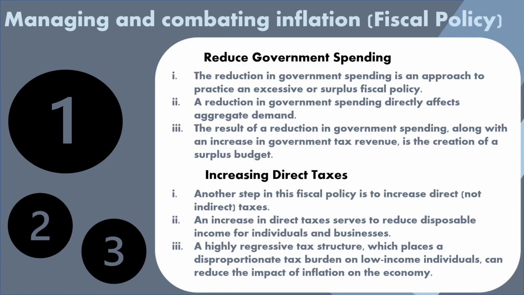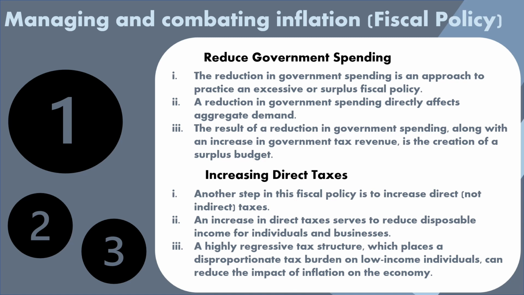First, reduce government spending. The reduction in government spending is an approach to practice an excessive or surplus fiscal policy. This involves cutting the salaries of all civil servants and delaying development projects to reduce the purchasing power of the public.